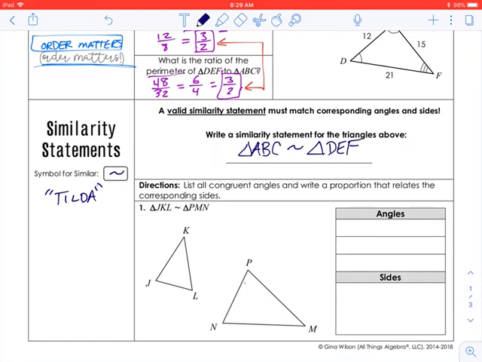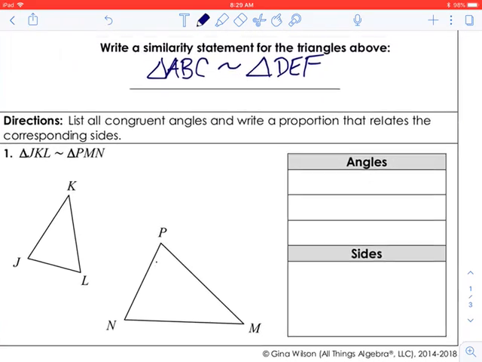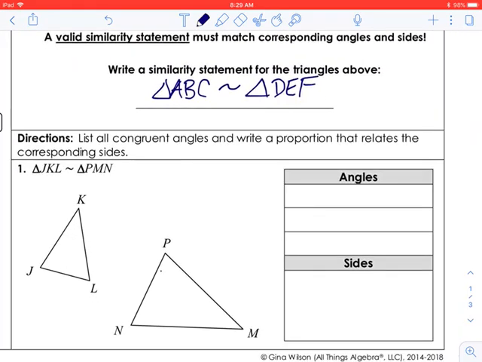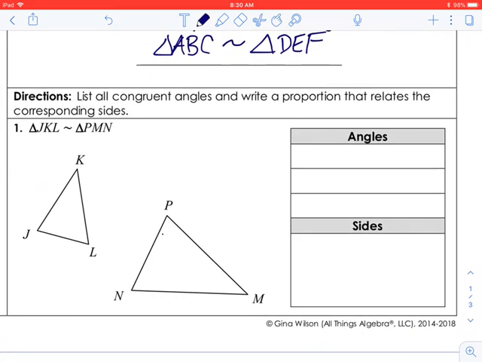So let's look at this first one. It says list all the congruent angles and write a proportion that relates to the corresponding sides. So it says JKL is similar to PMN. So JKL means J is the first one, P is the first one. So those two are congruent.